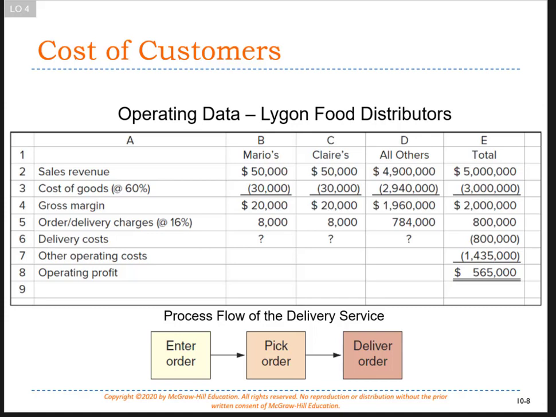So we are going to look at that delivery cost and try to see if it really is true that Claire's and Mario's use the same amount of resources out of what we are providing, and therefore would justify the same amount of delivery charge cost being allocated to each of those customers.